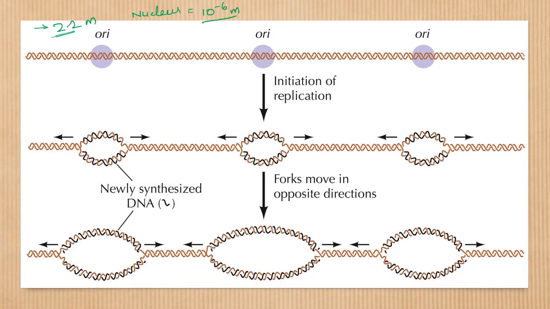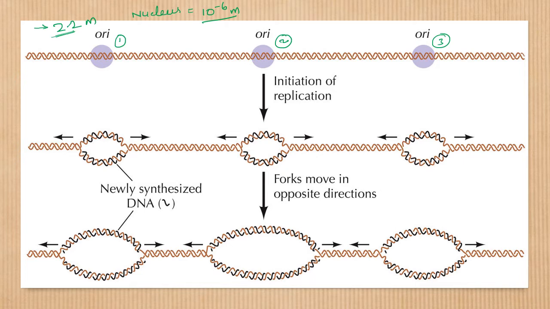Let's see what we studied: replication unit, origin. In a DNA there are multiple origins. Here three origins are represented in the picture.